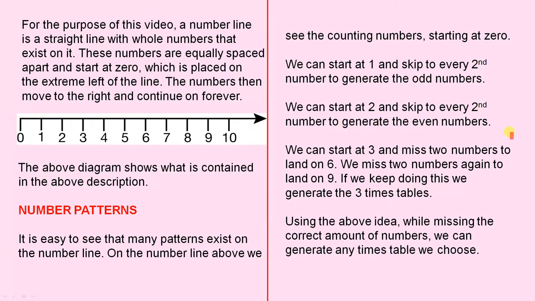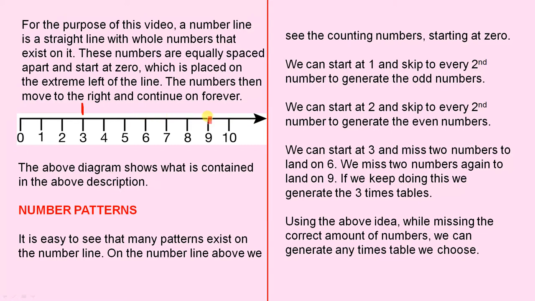We can start at 3 and miss 2 numbers to land on 6. We miss 2 numbers again to land on 9. If we keep doing this, we generate the 3 times tables. What that means is we start at 3 here, and then you go to 6, because you missed 2 numbers.